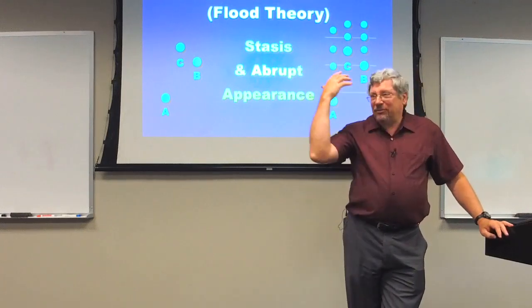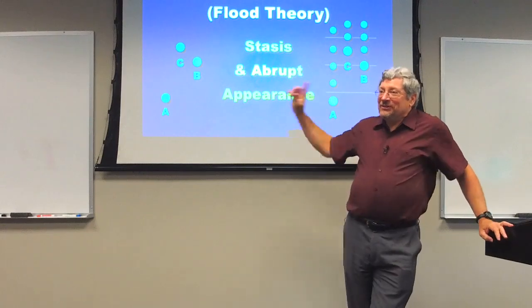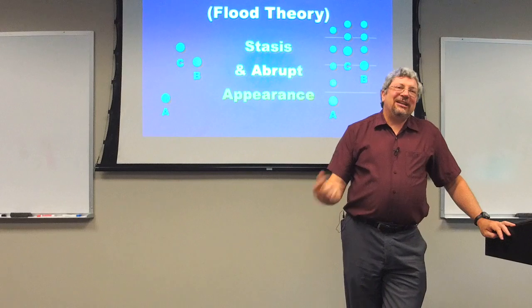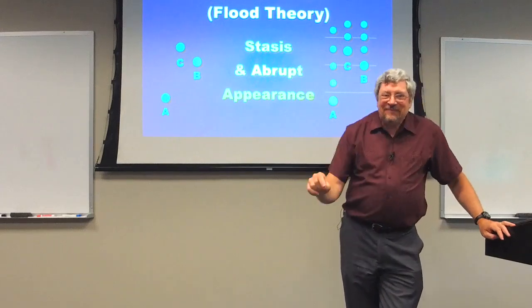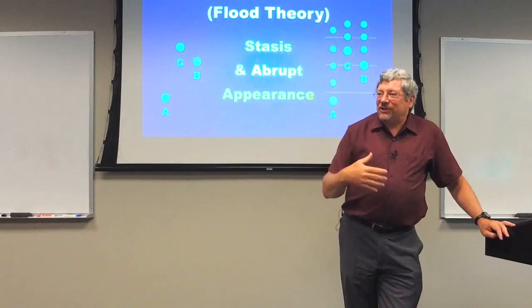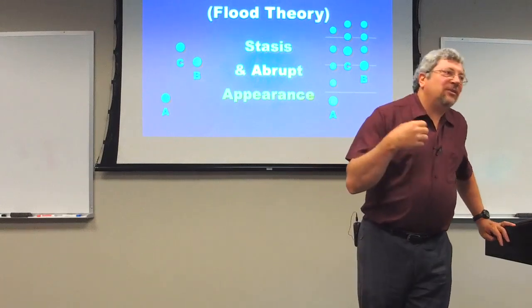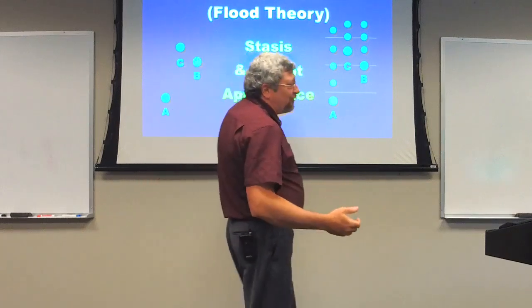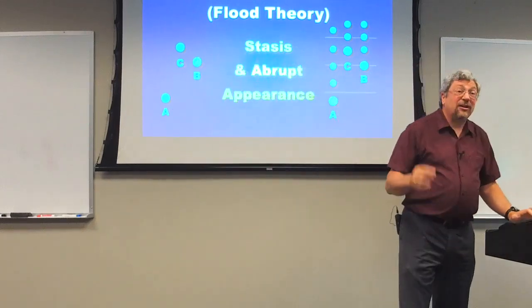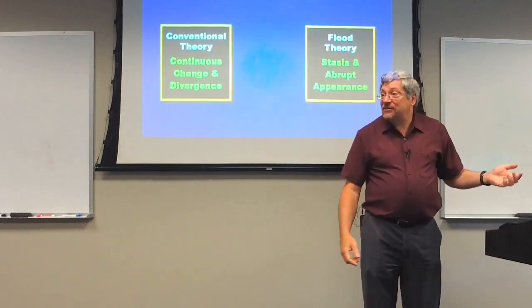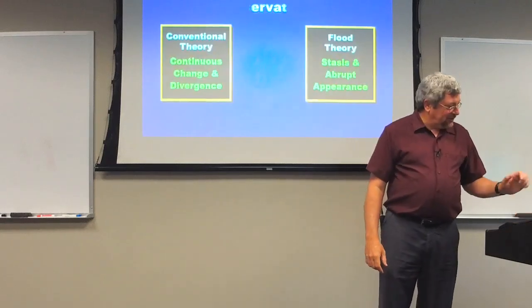Now, you probably recognize these terms. I've stolen the terms from Stephen Jay Gould in, again, another disparaging summary of the fossil record, disparaging from his point of view, because what he was most famous for was observing that in the fossil record of species, stasis and abrupt appearance is what you primarily see.